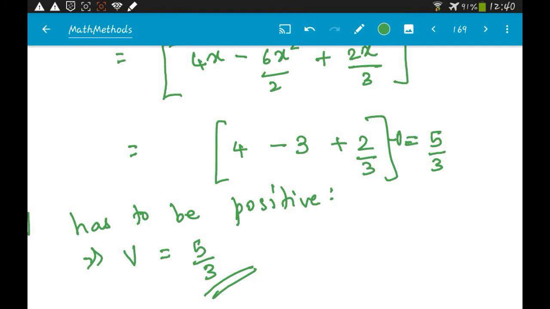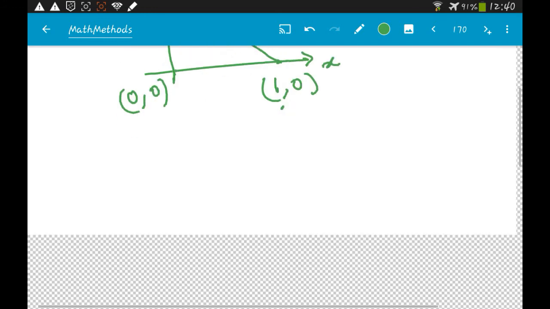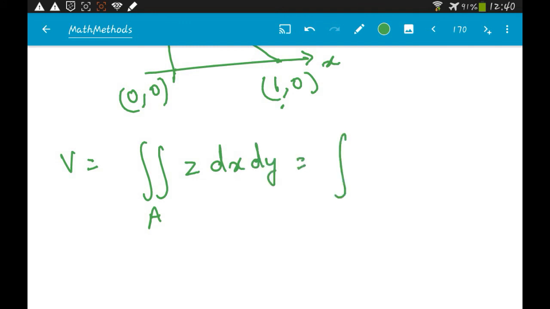We can also calculate this in another manner. You can also do it another way, which would be to calculate V is equal to the double integral of z dx dy, which is 1 plus y dx into dy.